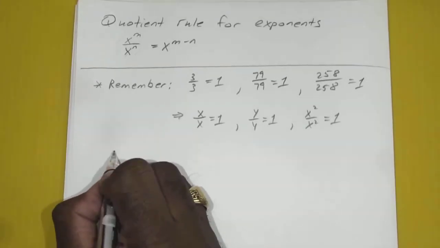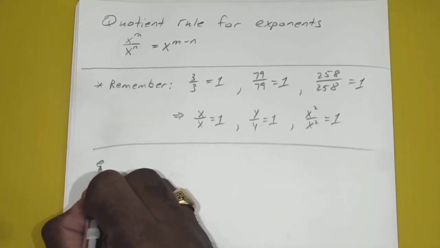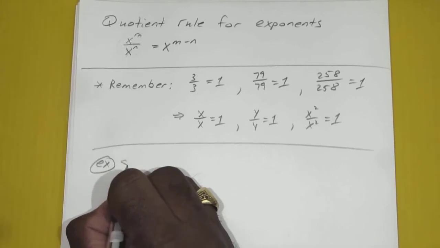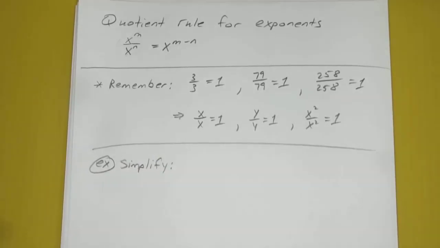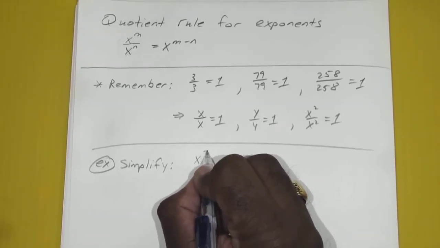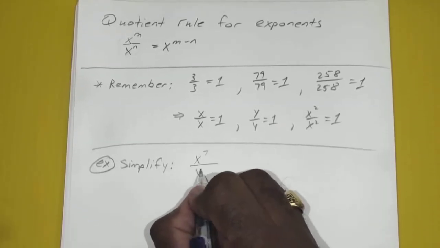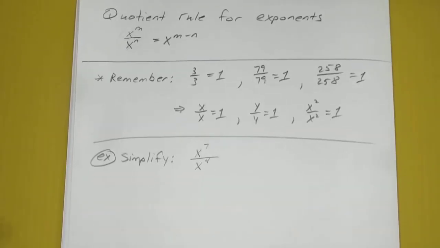So let's say if we decided to simplify x to the 7th power over x to the 4th power. Let's assume we don't know the quotient rule at all yet.